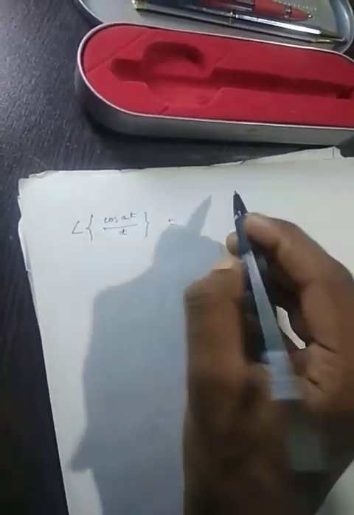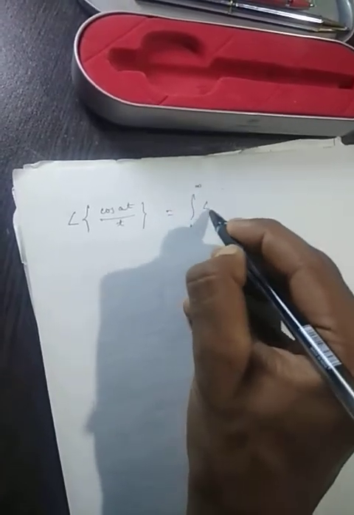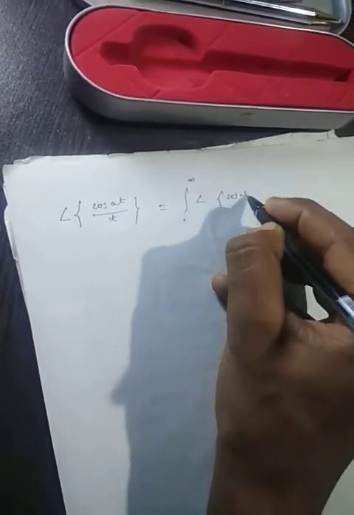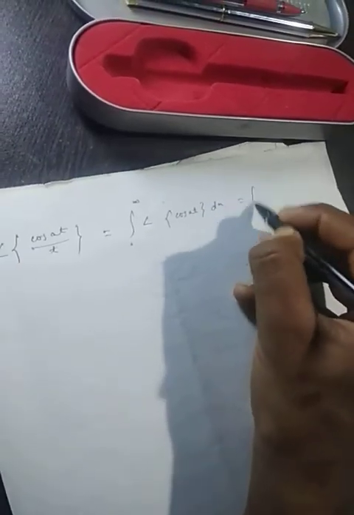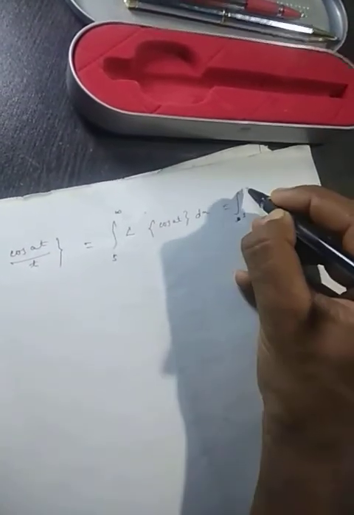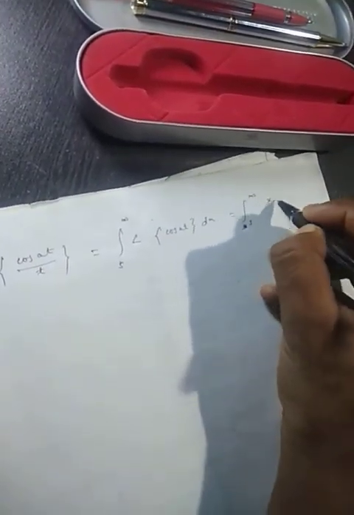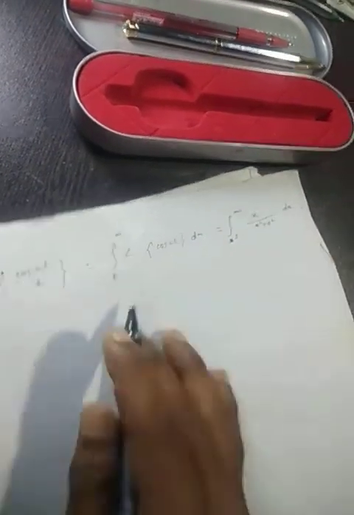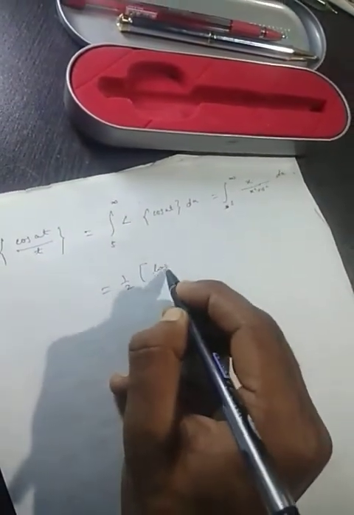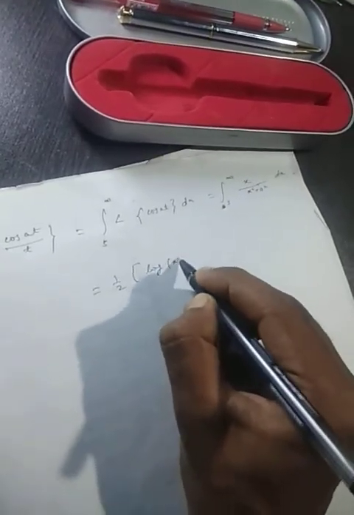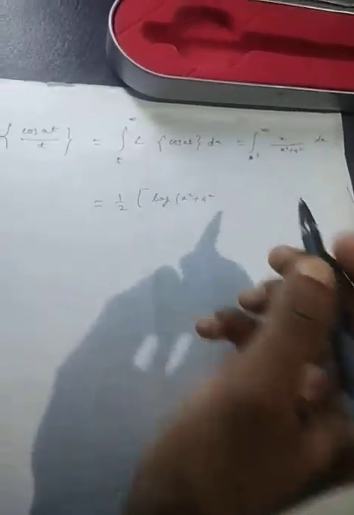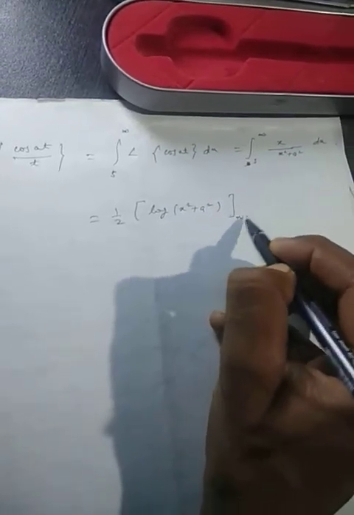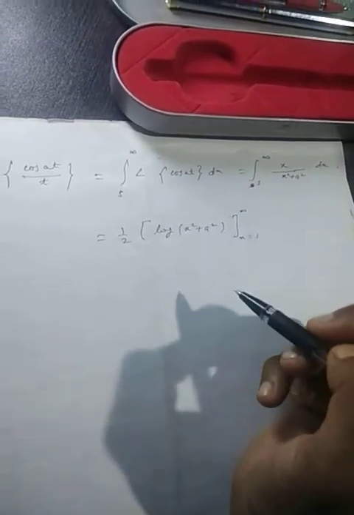Okay, so from the definition of the Laplace transformation, for cos at upon t this equals the integral from s to infinity of x upon x square plus a square dx, which will give you half of log of x square plus a square from s to infinity.